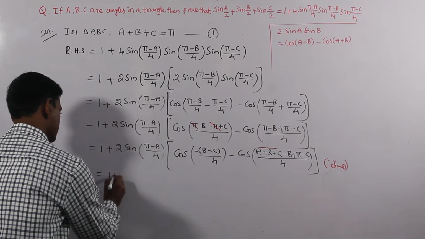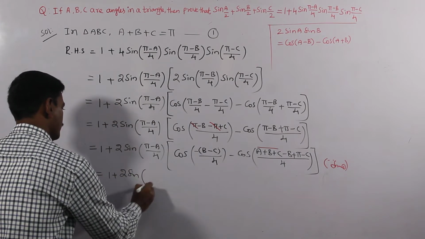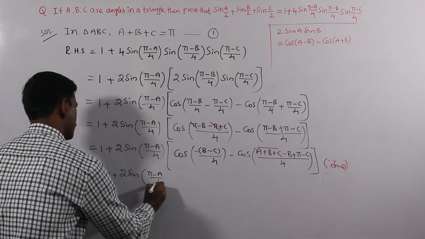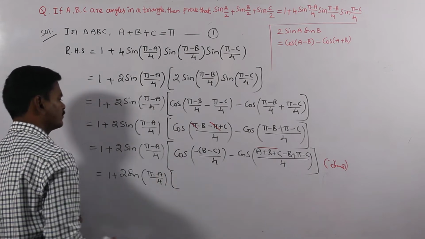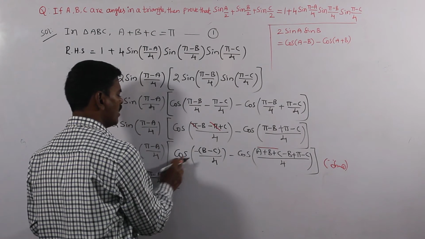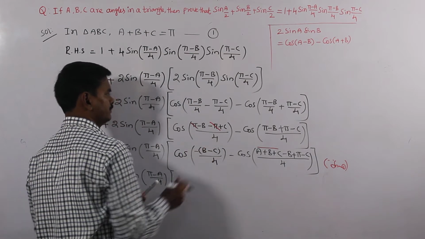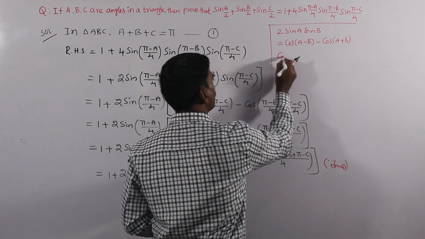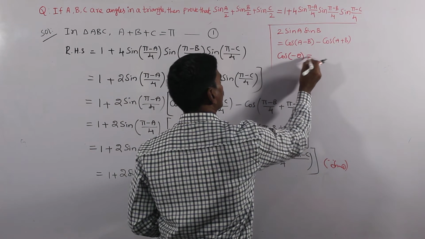Now 1 plus 2 sine of (pi minus a)/4, same into this, looks like cos of minus theta. If you remember the formula, cos of minus theta equals cos theta.